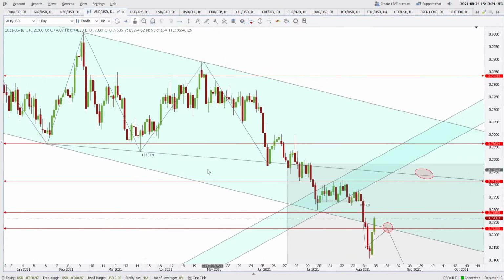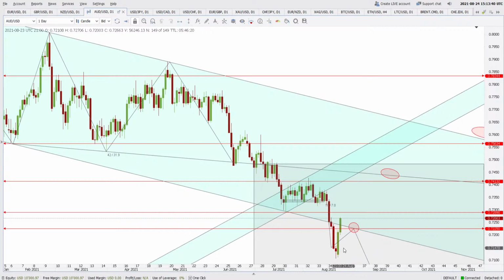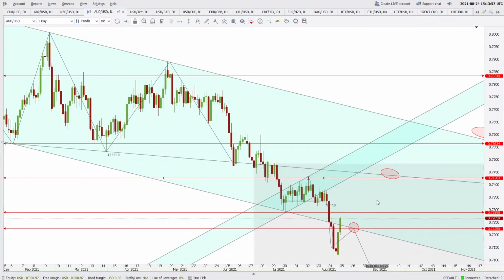Talking about the Australian dollar, I am very bearish on this market, but since this is a pullback, it is a pullback across all pairs. The Australian dollar is also trying to pull back a bit, and the previous high that price has made in this one is sitting at around 0.7426. So anywhere below this high the price has to make a high. If the price is able to close the day above this high, then I think we should not be looking for a selling opportunity, we should be looking for a buying opportunity then.